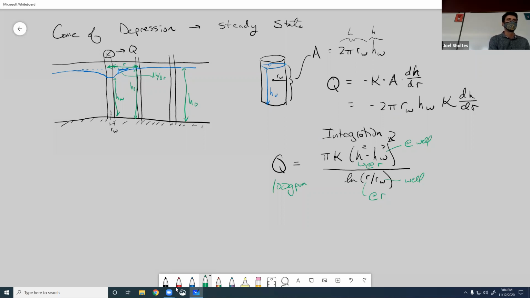So this is when you have an observation at the well and then some distance away from the well, or you could base this off of just two different observational wells. And that's just going to be a very similar equation, which is Q equals pi K, H2 squared minus H1 squared, all over ln of R2 over R1, in which case this could be well 2 and this would be well 1.